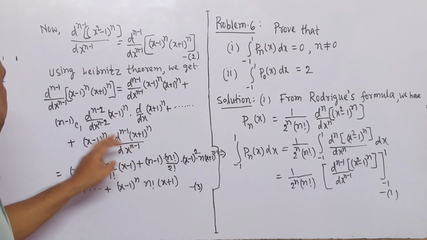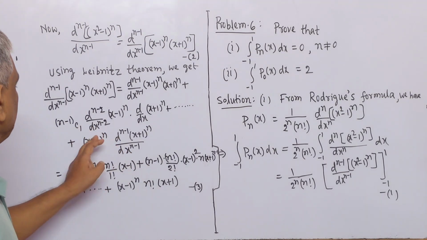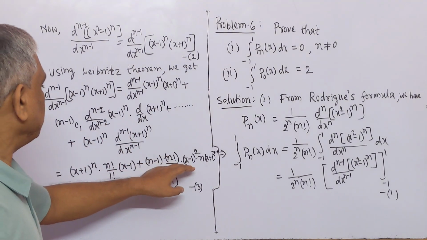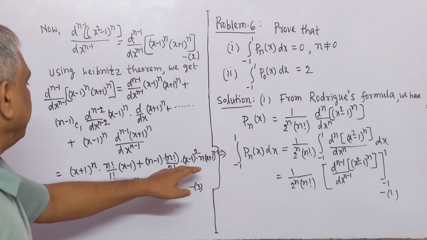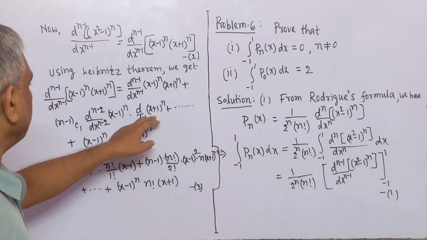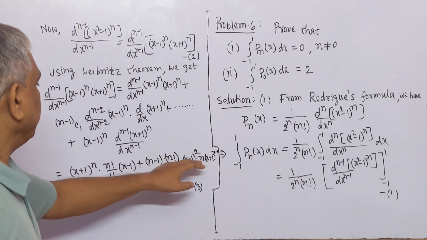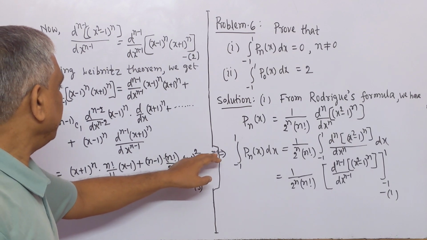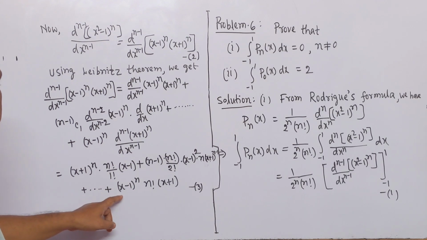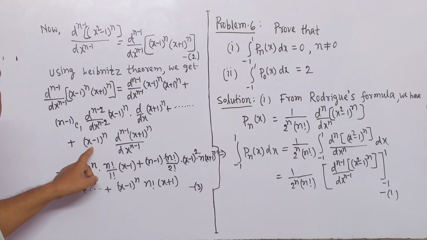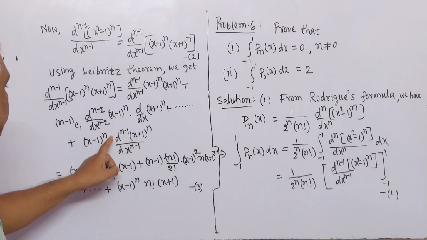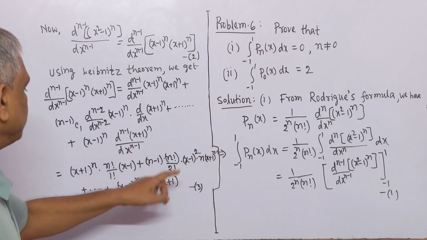Second term will be (n minus 1)C1, and this will be (x minus 1) whole square, and this by factorial of this, and differentiation of this will be n into (x plus 1) to the power n minus 1, and plus dot dot dot, and last term will be (x minus 1) whole to the power n, and value of this will be factorial n multiplied by (x plus 1).